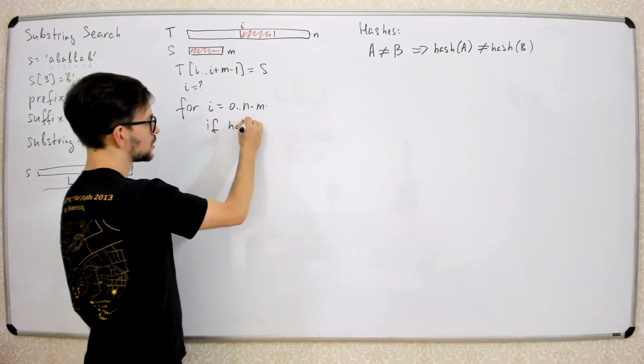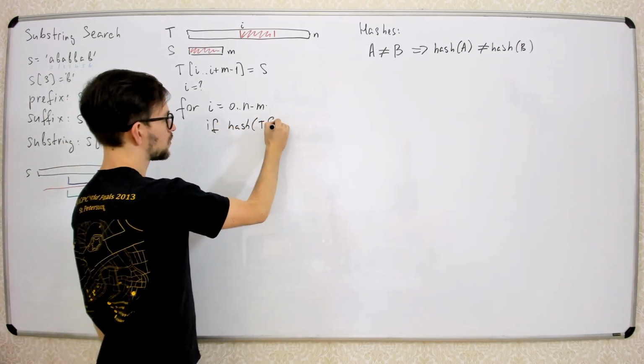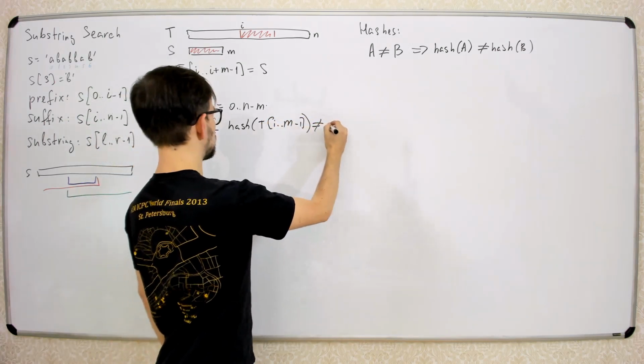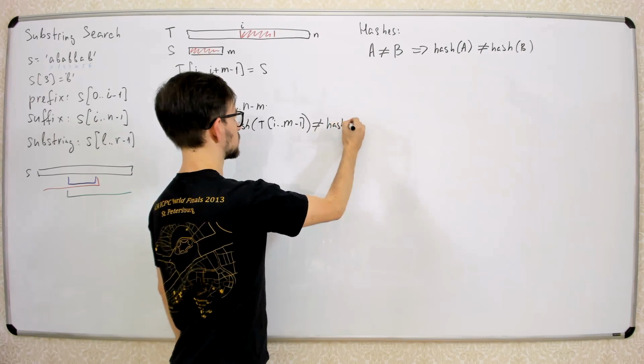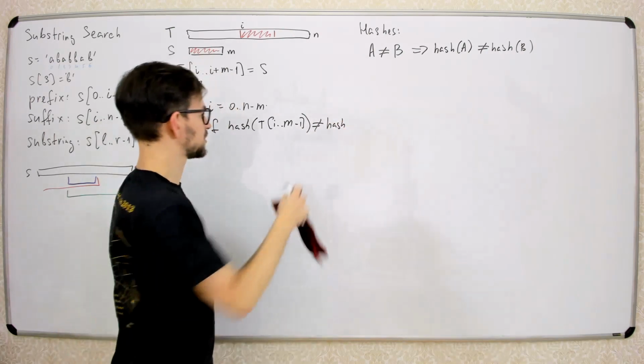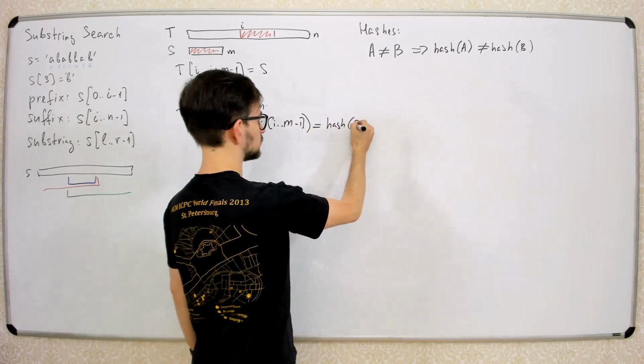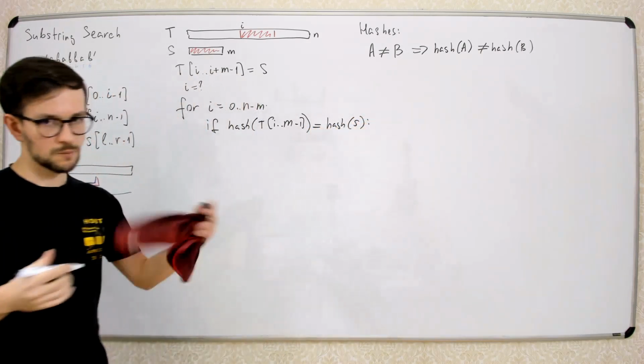If the hash of string t from position i to m minus 1 is equal to the hash of s, then we will compare the strings.